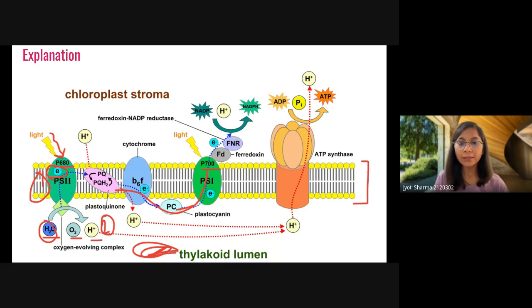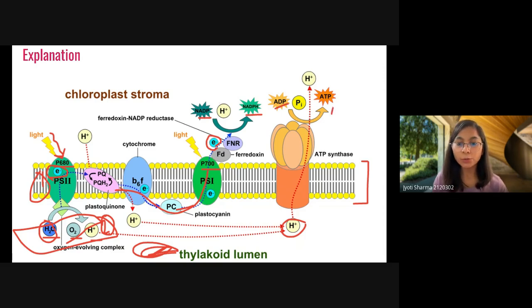Okay, and finally, this electron that has been released from this reaction will be used to create NADPH from NADP. And the hydrogen ions that we had here, these H plus ions, will be used to convert ADP to ATP.